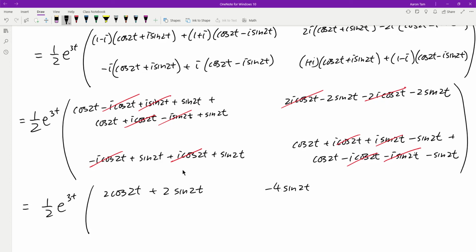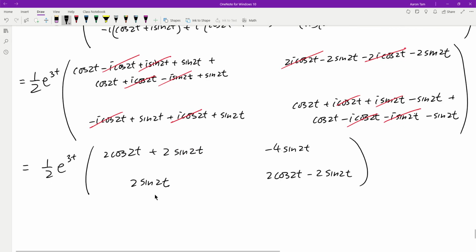And then this comes out to be 2 sine 2t, and this comes out to be 2 cosine 2t minus 2 sine 2t. Notice that all the coefficients are even, so I'm going to cross out the 1/2 with the 2s, and then the 4 becomes a 2.